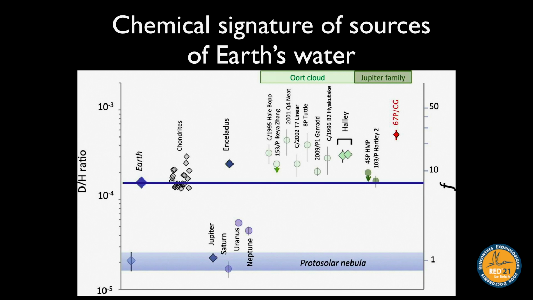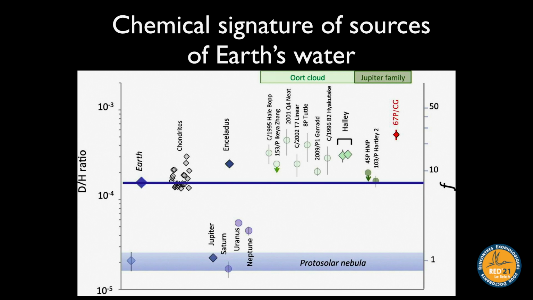In terms of the chemical signature, the fingerprint of Earth's water can be thought of as its deuterium to hydrogen isotope ratio. Here's the D to H ratio of Earth as compared with other bodies in the solar system. You can see that the giant planets, and we think even the sun and the planet-forming disk, had a D to H ratio that was 6 or 7 times smaller than Earth's.